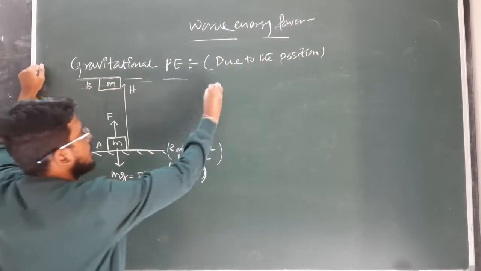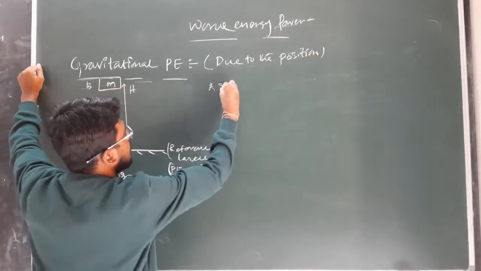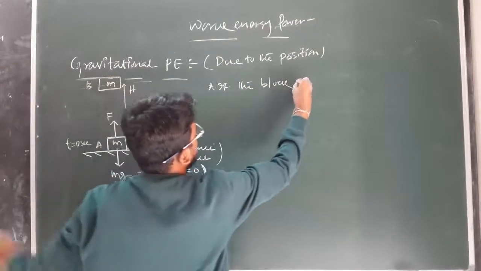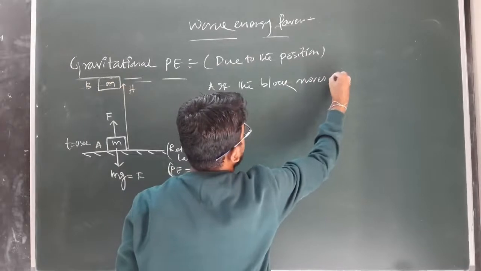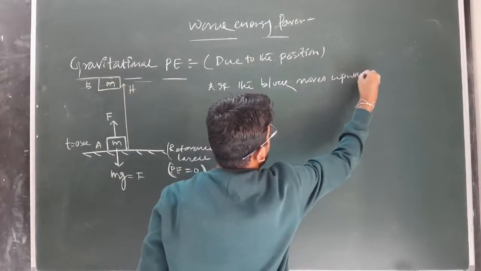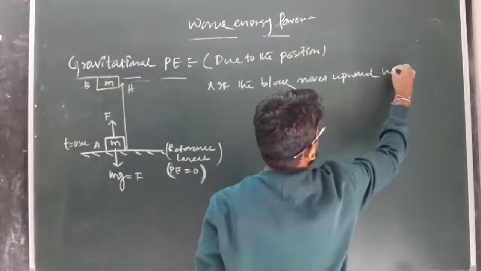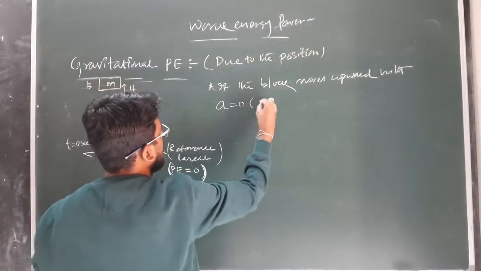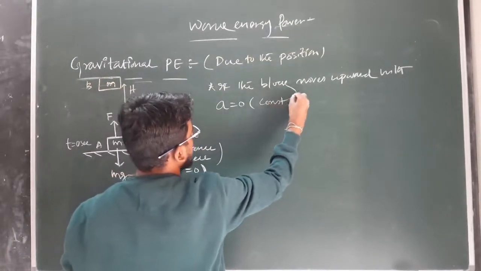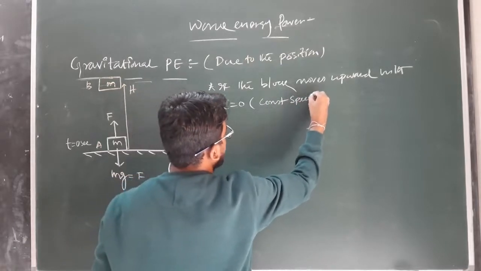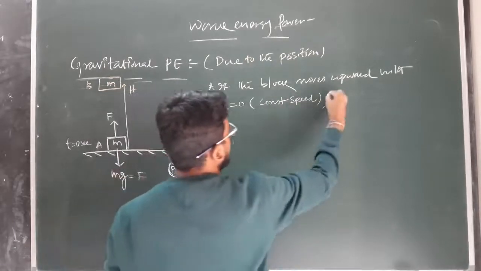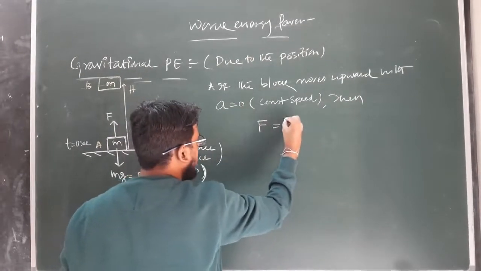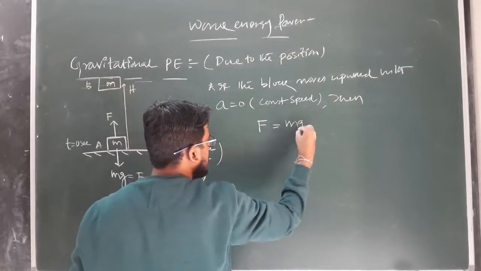Okay, so if the block moves upward with acceleration equal to 0, or constant speed, then the applied force F must be equal to the gravitational force mg.